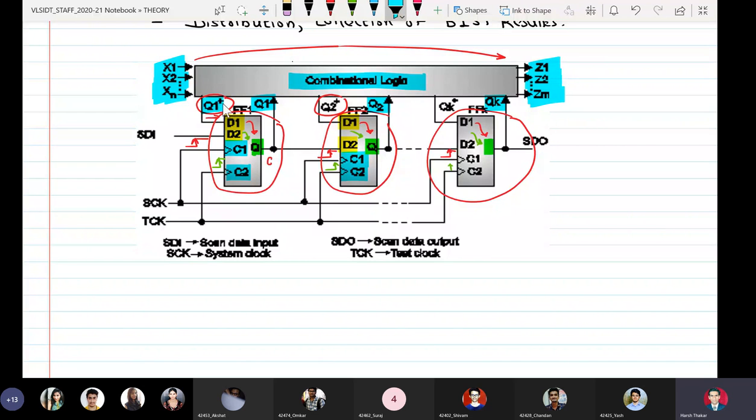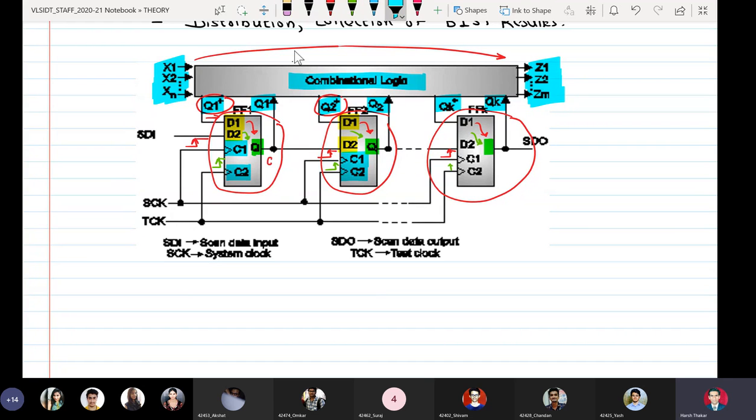Similarly, Q1 dash, Q2 dash and Qk dash are the next state inputs. If I want to take the output Q1 from 0 to 1, then the value of Q1 dash should be 1, so that whenever the D flip flop receives a rising edge at the input C1, that 1 will be stored into the flip flop, and hence the present state Q1 equal to 0 will be converted into Q1 equal to 1.